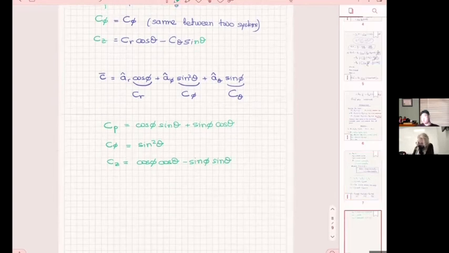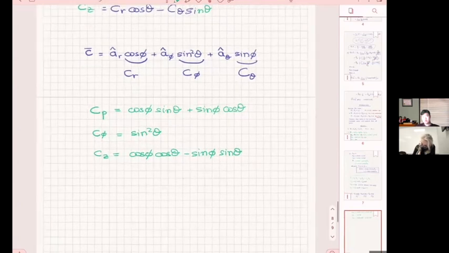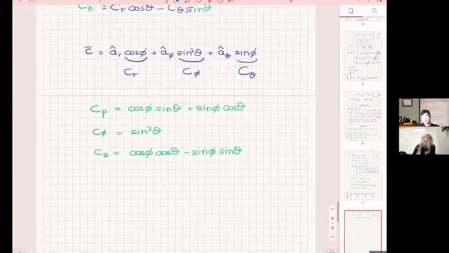Do you know how much is the first one? Can you recognize that? Is that 0? Why? Remember the sine of the sum? Let's write that. Sine of theta plus phi, how much is it?